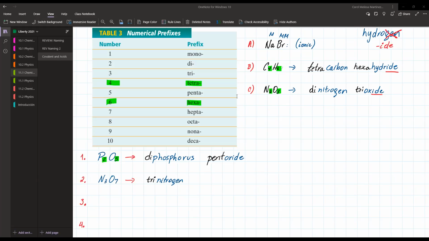Ah, sorry, I see like a 1. Okay, I will fix it. Happy now? Now yes, it's a 7. So it is heptoxide. The same rule, okay? Hepta plus oxide is equal to heptoxide. You drop the A. Thank you.